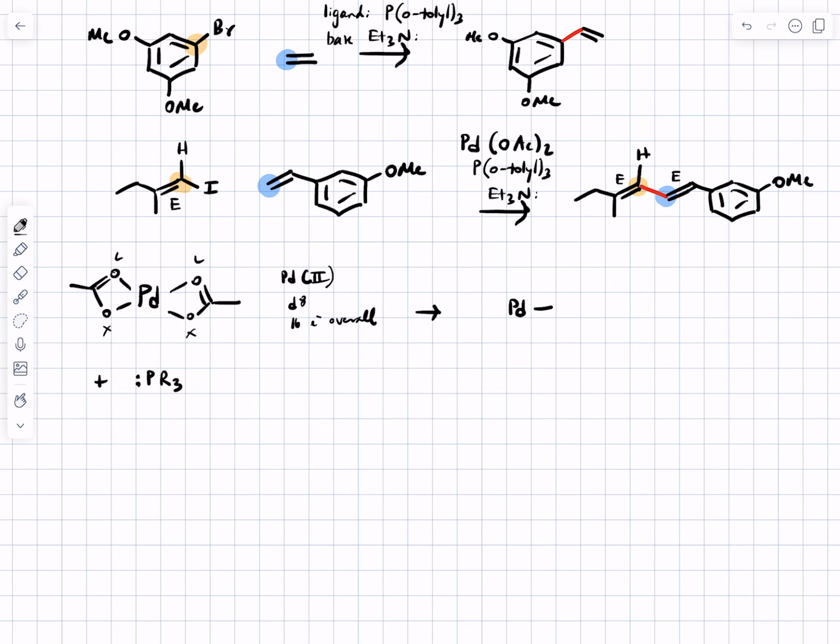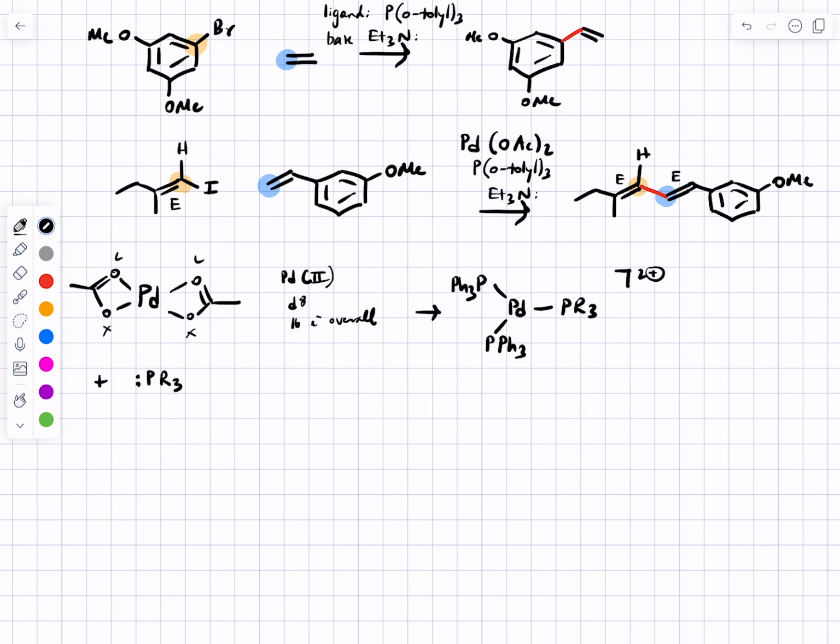It's thought that one such intermediate might look like this. Of course, if you replace X-type ligands with L-type ligands, now the complex overall has a charge. You could put any number of neutral ligands on the palladium, it's still palladium 2.